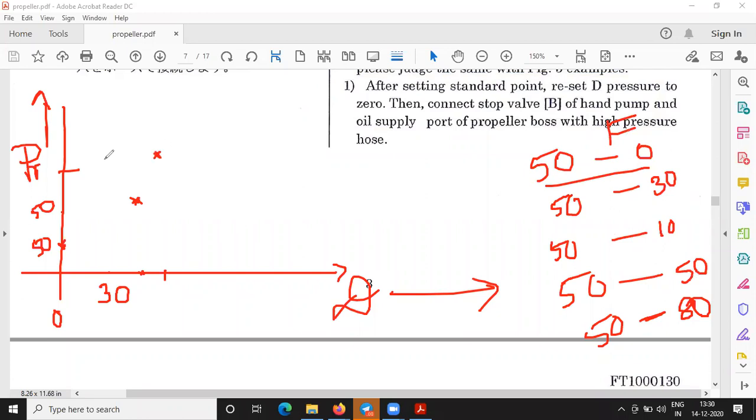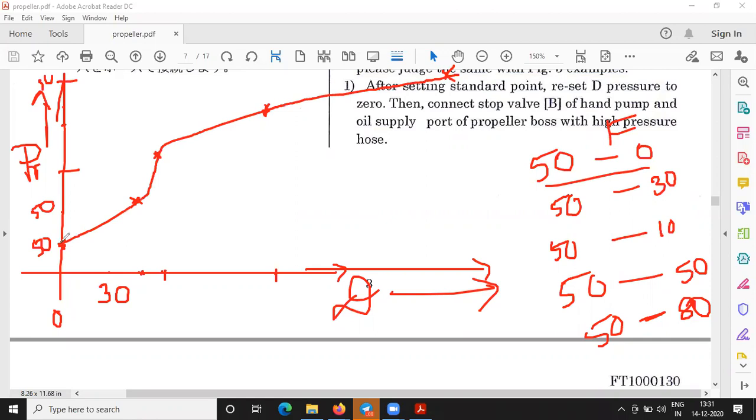For the next 50, it has moved 50: 10, 20, 30, 40, 50. And for the next 50, it has moved 80, somewhere here. So what is this? It's the irregularity of the graph.